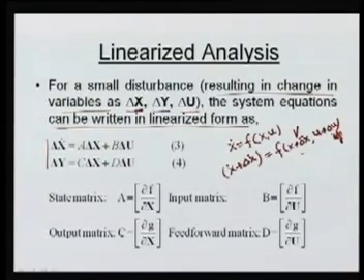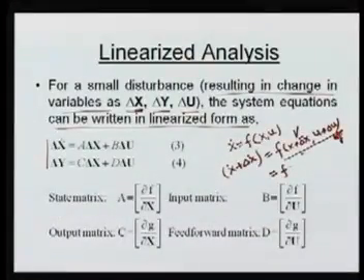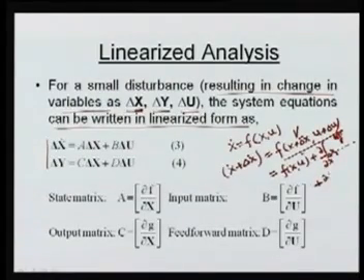Now from here we can use the Taylor series expansion. Using the first order Taylor series expansion, ignoring the higher order terms, we can write f of x and u, plus del f over del x times change in x, over x1 to xn, plus del f over del u times change in u.